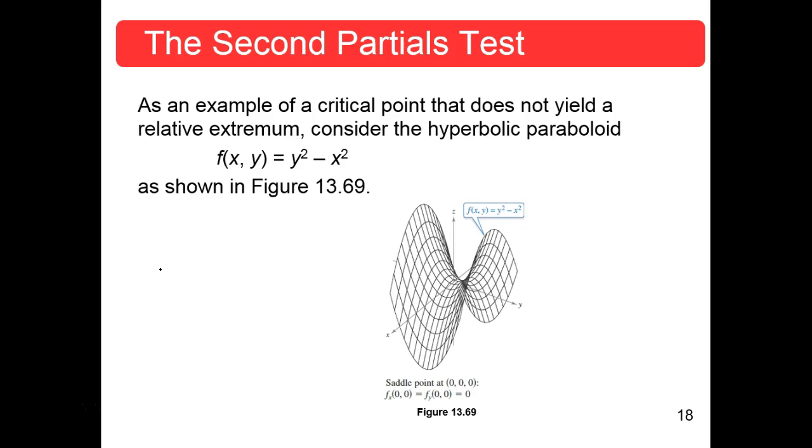Okay, we remember those from before. y squared minus x squared. Okay. What's the critical points? It's where f sub x of (x, y), which is equal to minus 2x, and that would be 0 at x equals 0.